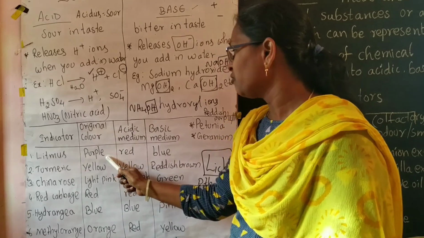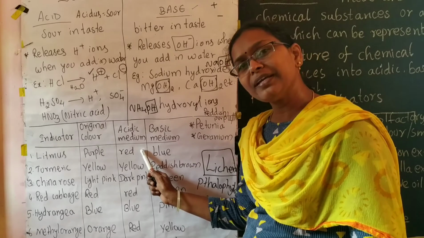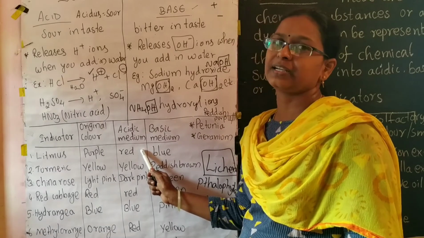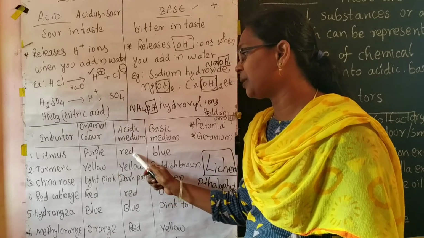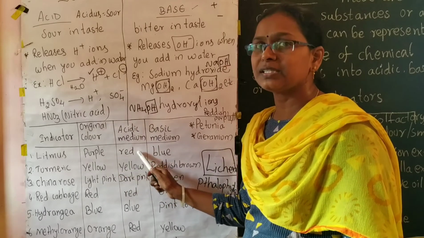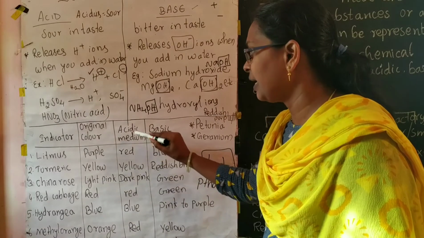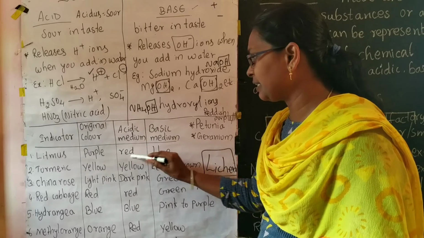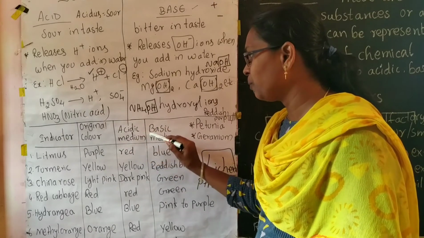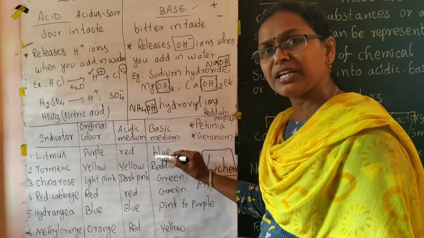When you dip it in an acidic medium, it gives red color. Here is one shortcut: acid and red, D, acid, red. Basic, blue, B. You can remember it like that.